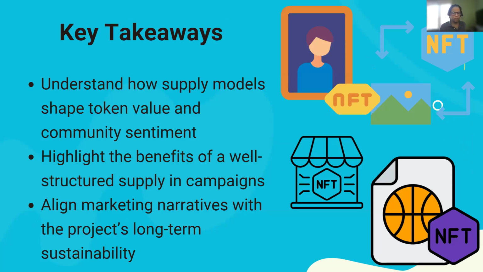So, key takeaways: understand how the supply model shapes the token value, because tokenomics plays a key role in the success and failure of the token. So you need to understand whether you want to go with a fixed token system, a variable token system, or an elastic token system. Based on that, you come up with your vision and core values for your tokenomics, for your token systems, and create the application, create the rules within the application, communicate those rules to your customers, and adhere to your local regulatory requirements.